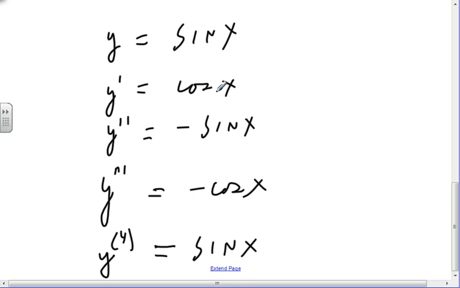So in that particular case, I end up starting over again. I could take derivatives out to infinity, and I would still only get either a sine or a cosine or a minus sine or a minus cosine. I could do that forever. But those are special type things.